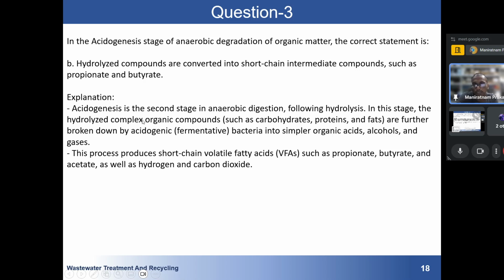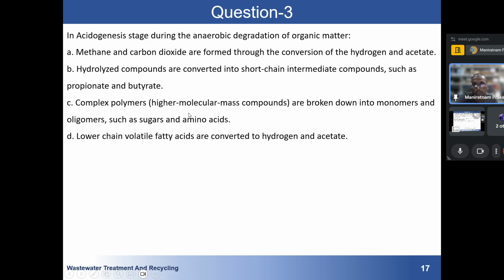Acidogenesis is the second process, following hydrolysis. In this stage, the hydrolyzed complex organic matter such as carbohydrates are further broken down by acid bacteria into simpler organic compounds, alcohols and gases. The process produces short chain volatile fatty acids such as propionate, butyrate, and acetate, as well as hydrogen and carbon dioxide. So the correct answer is B.